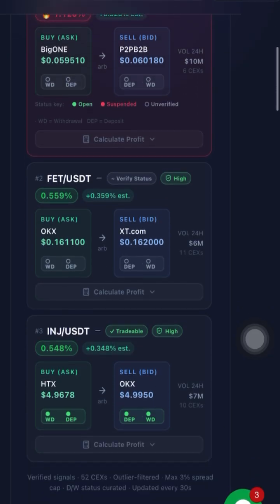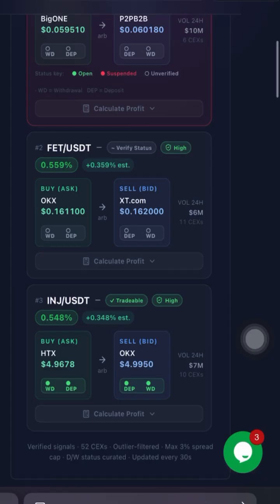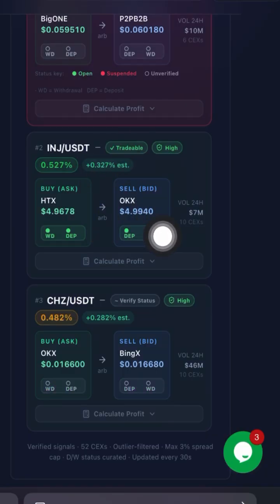Always when you want to trade a coin, let me go down. The person was trading a coin like this one, FET, right? The spread was 0.5, which is okay. But when you deduct the fees and everything from it, the actual final spread estimate is around 0.3.